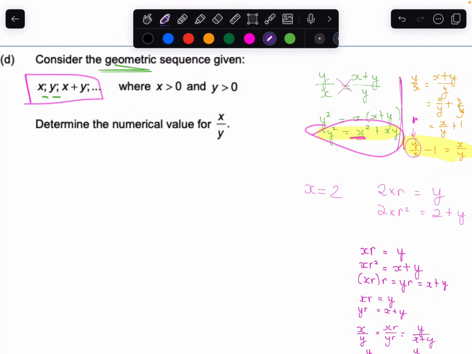Because what we know is that the relationship between X and Y is, you could either look at it as Y squared is equal to X squared plus XY, which is not a circle, right? Because minus X squared plus Y squared is equal to XY. It is not a circle.